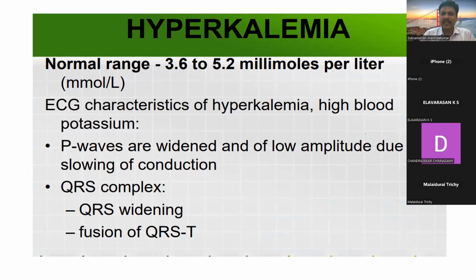What are the characteristic ECG findings? The P wave is usually suppressed, widens, and then disappears. The QRS widens, because it becomes very wide, it is not contracting, and all the depolarization is acting the same. It fuses with the T wave because depolarization and everything are the same.